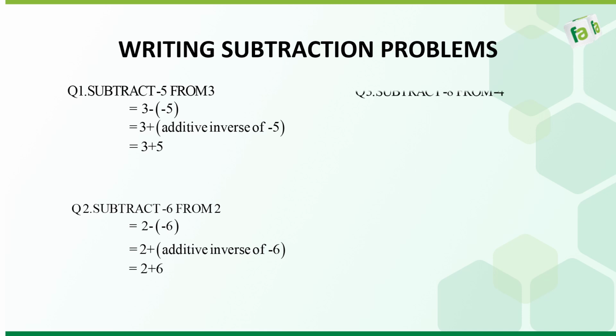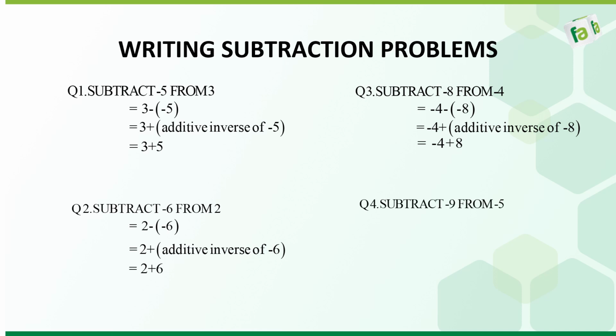Now subtract minus 8 from minus 4. It can be written as minus 4 minus minus 8. Then minus 4 plus additive inverse of minus 8, which is equal to minus 4 plus 8.